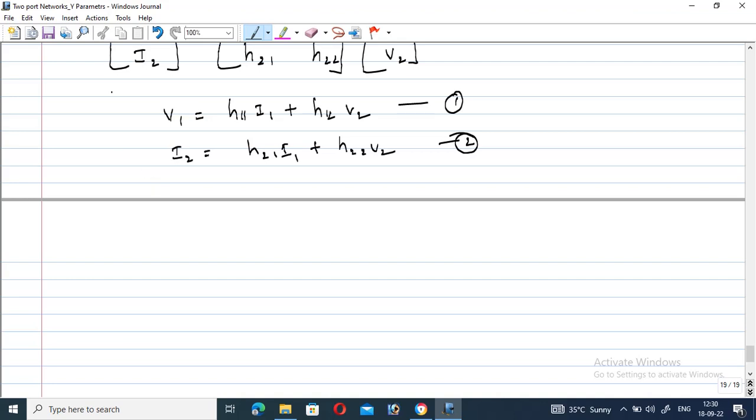Therefore short circuit at V2 equals 0, short circuit at the output port. So it gives rise to V2 is equal to 0. V2 is equal to 0 means that, just you have to see here, V2 is also called the output port, right?